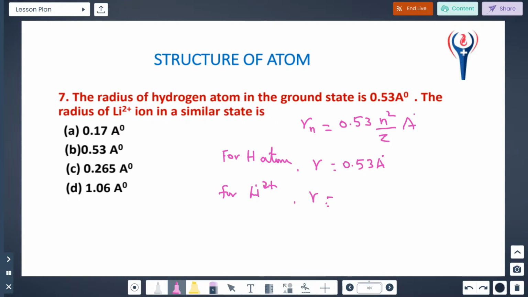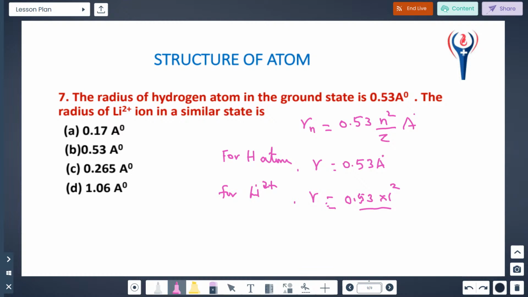The radius of the lithium 2 plus ion in a similar state. Same state means the ground state, so N is equal to 1. So 0.53 into 1 squared. Lithium has 3 electrons; after the loss of 2 electrons, only one electron remains, present in the first shell, the ground state.